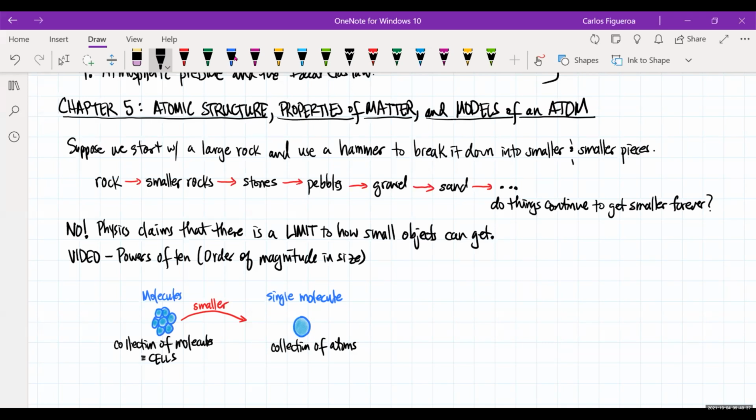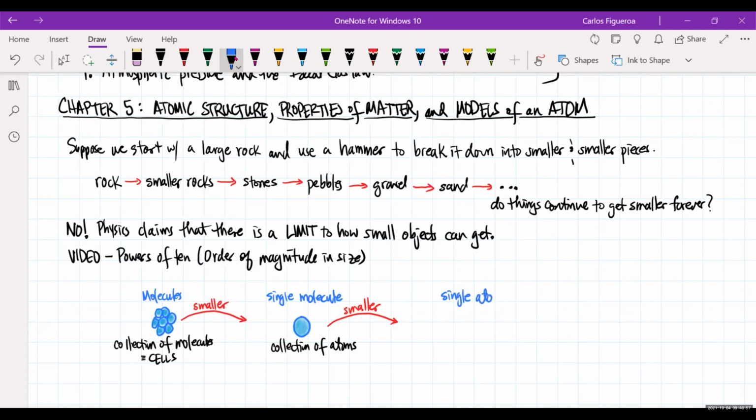That's a single molecule, but it has 3 atoms. So if we continue to go smaller, then we get to a single atom.